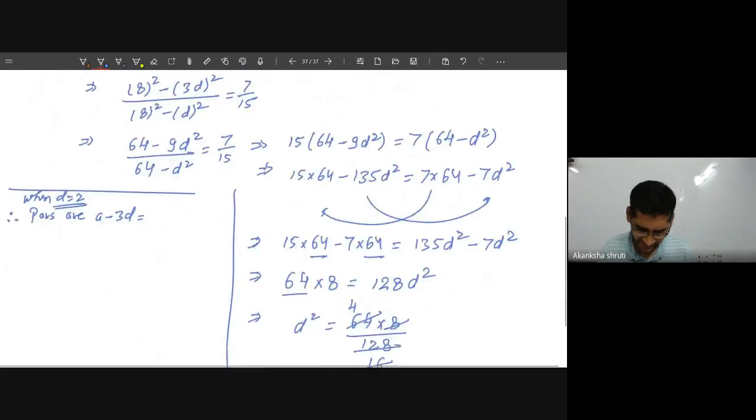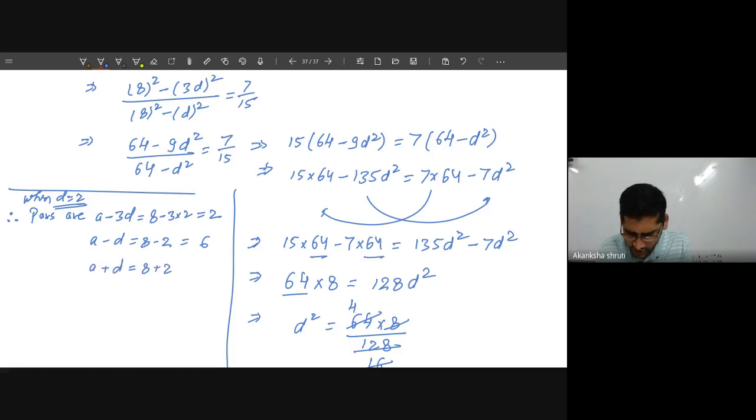So right, 8 minus of 3 into 2. Here positive 2 I am taking. So it is simply 2. A minus of D, 8 minus of D is our 2. It is 6. A plus of D, 8 plus 2, it is our 10.